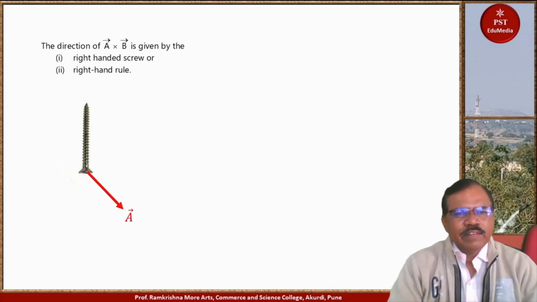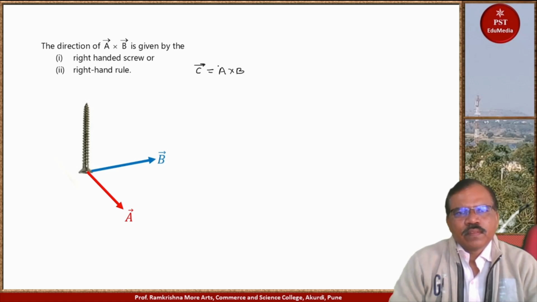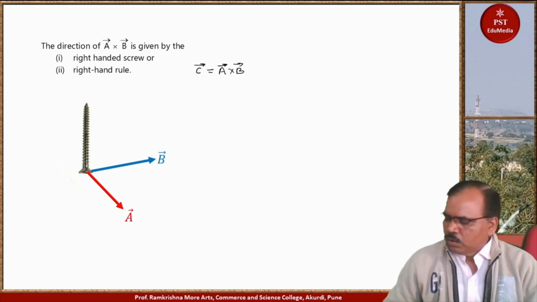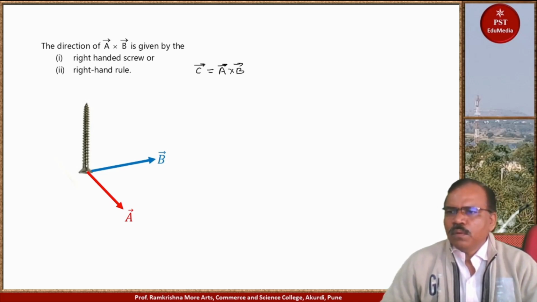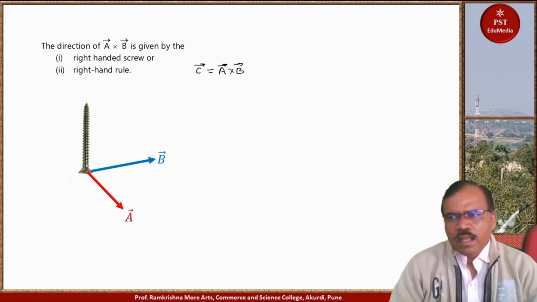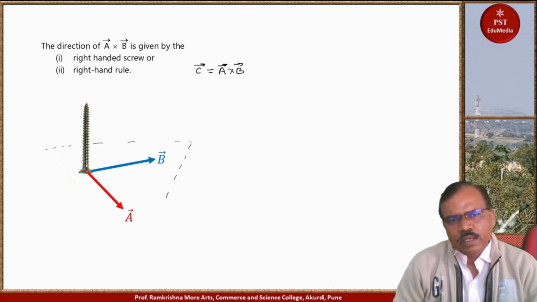And suppose we take here vector A and vector B, and C is equal to A cross B. So here we have an imagined screw. This is a right-handed screw, and we have two vectors in the plane. Means here this is the plane and the screw is perpendicular to the plane.